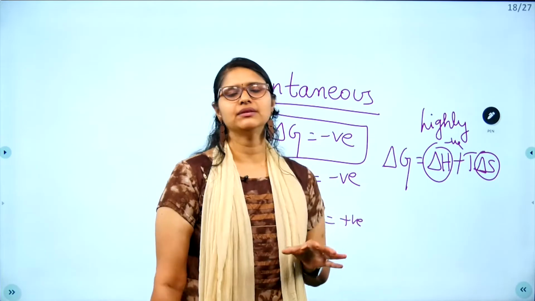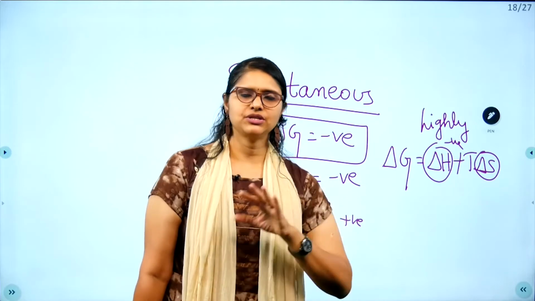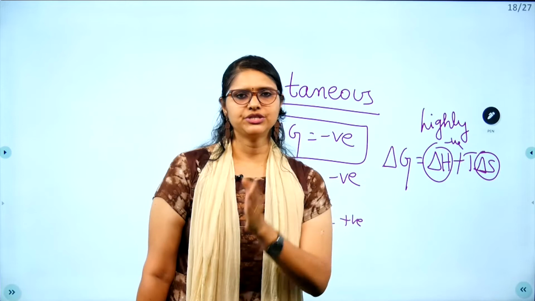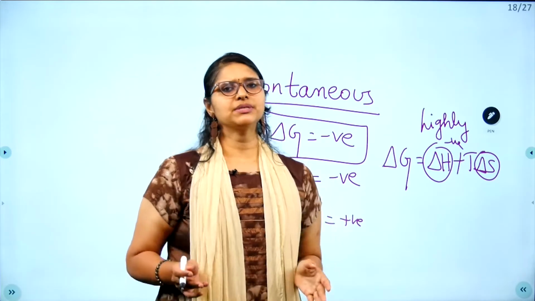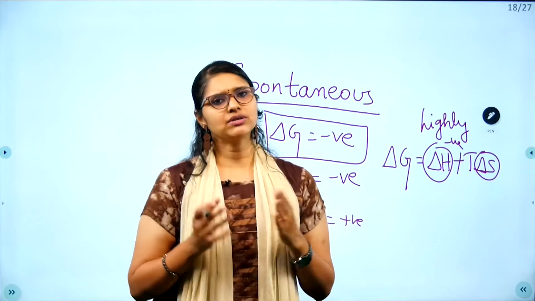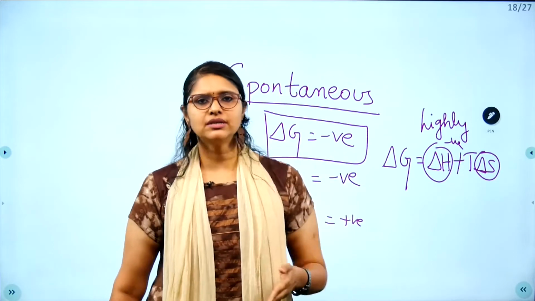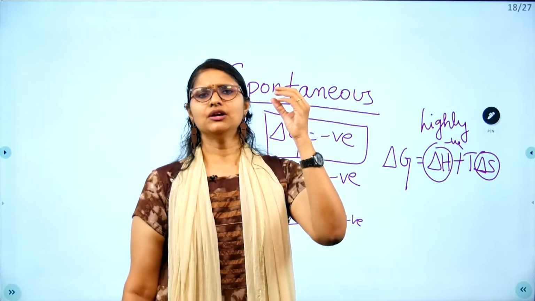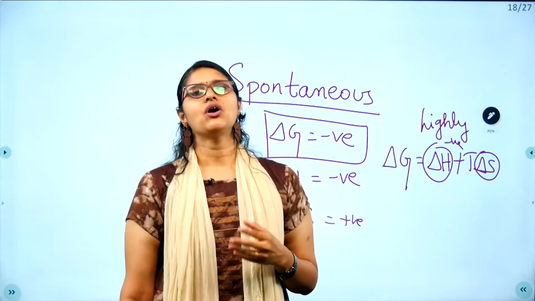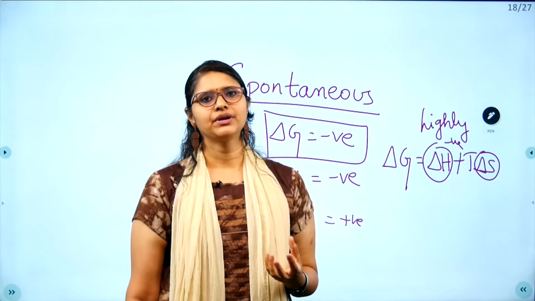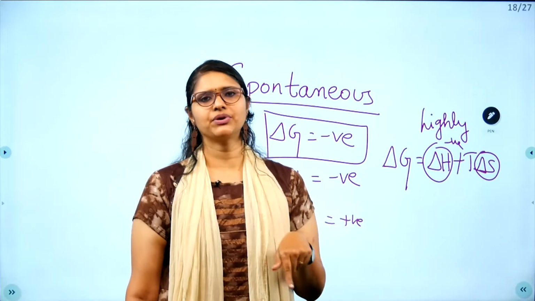Once again I will repeat. ΔG = ΔH − TΔS. According to spontaneity, ΔG should be negative, ΔH should be negative, ΔS should be positive. But what happens is this: ΔH is negative because it is an exothermic process. But because of the adsorption, the randomness decreases, so ΔS decreases, and the TΔS term becomes positive.